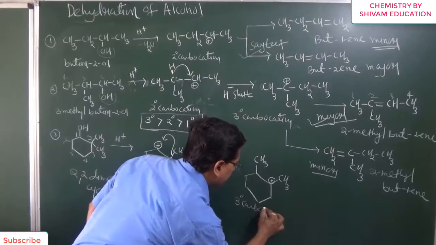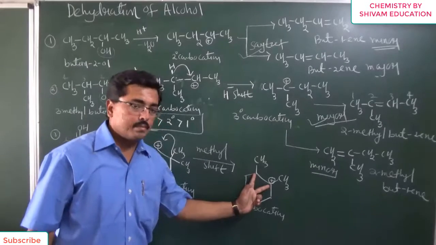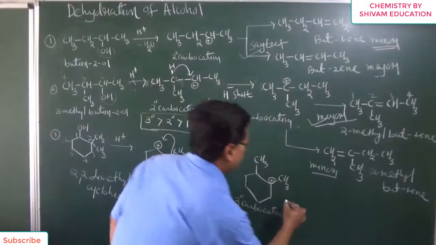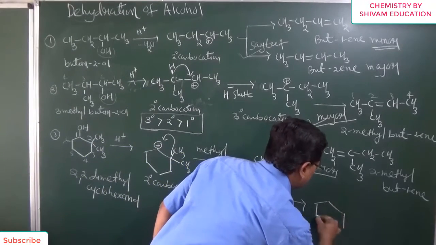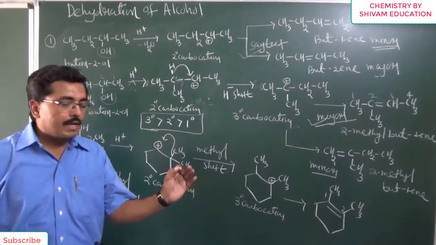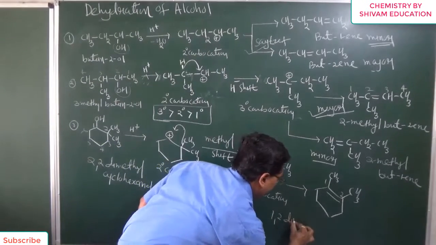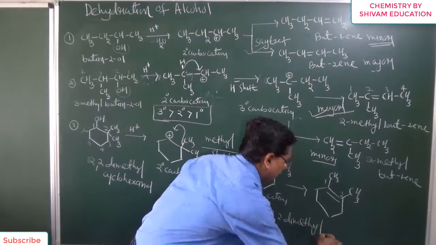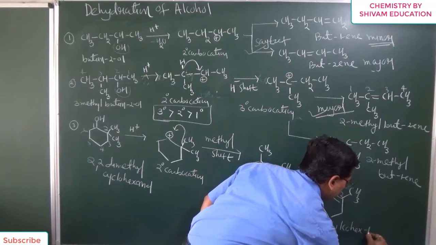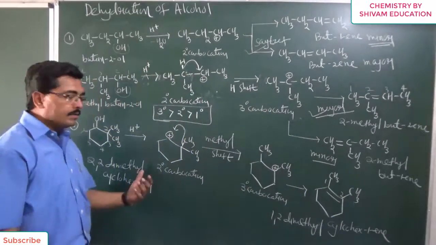Now here in the tertiary carbocation, a hydrogen atom is removed from this neighbor carbon atom. So we get maximum substitution and as a result we get this product as an alkene. The name of this product you can give as 1,2-dimethylcyclohex-1-ene. 1,2-dimethylcyclohex-1-ene will be obtained.